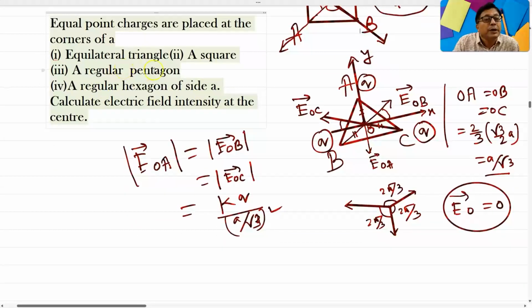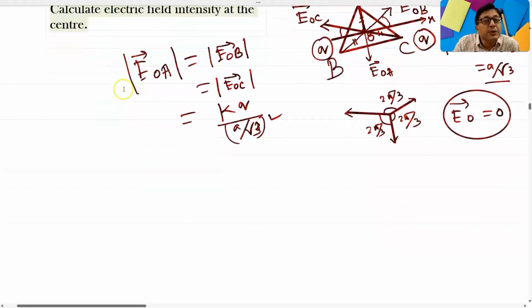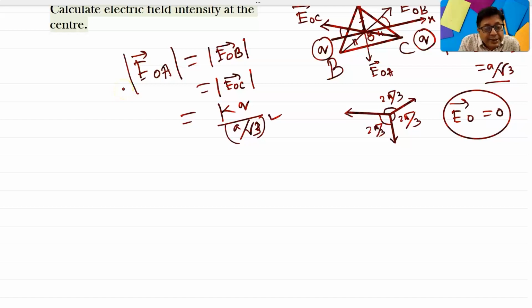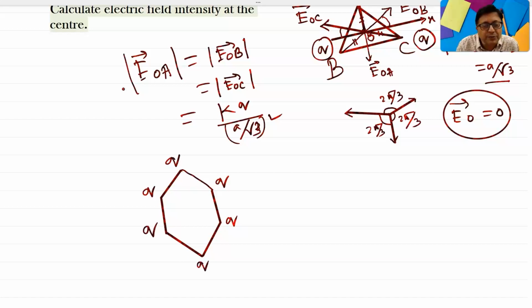Even for regular pentagon you practice at home, even for regular hexagon. Hexagon also it is going to happen the same manner. I am showing you just. Although it looks irregular, assume a regular hexagon is there with charges Q, Q, Q, Q. What is the strength of electric field at the center?